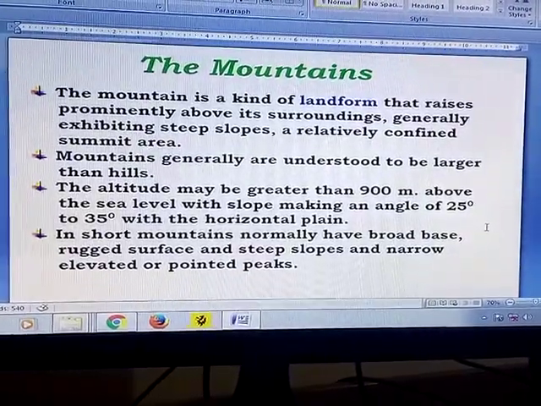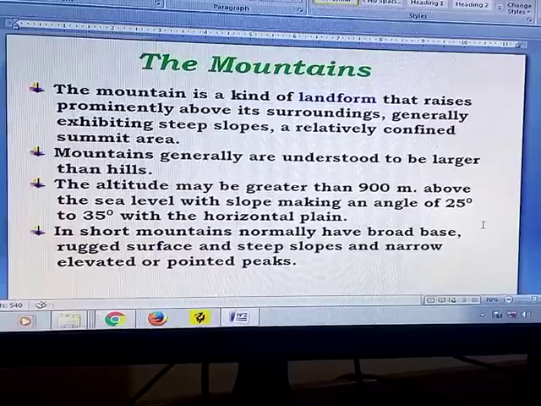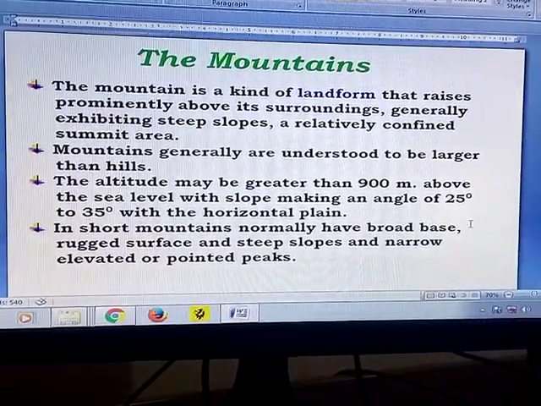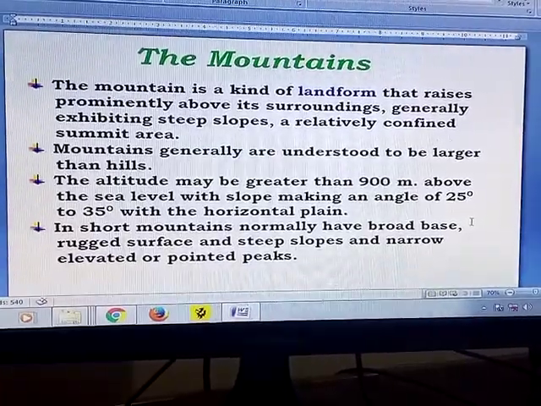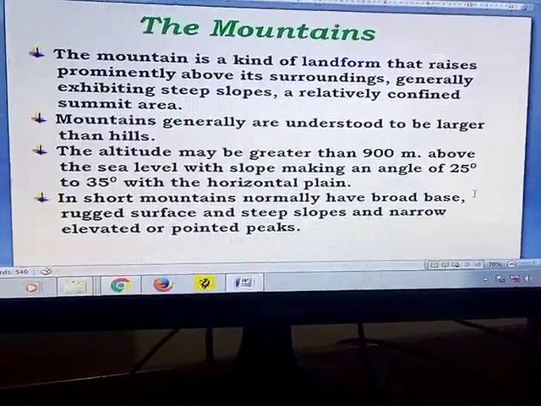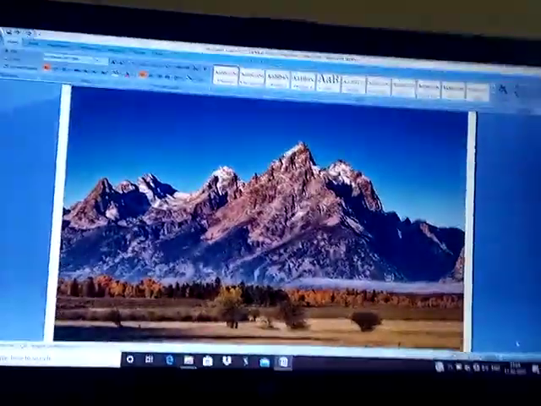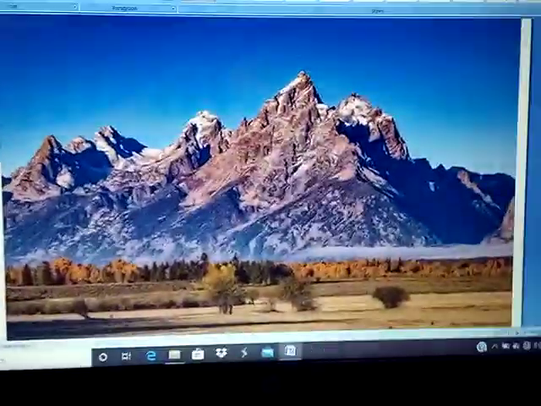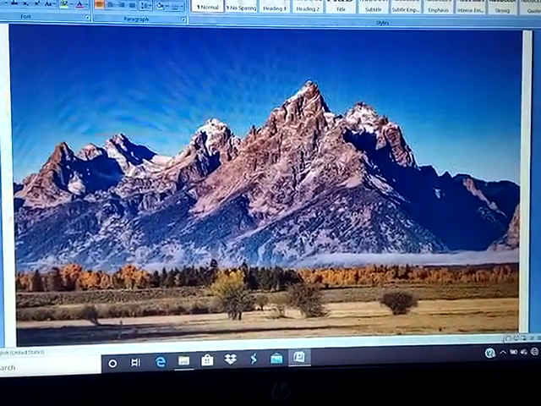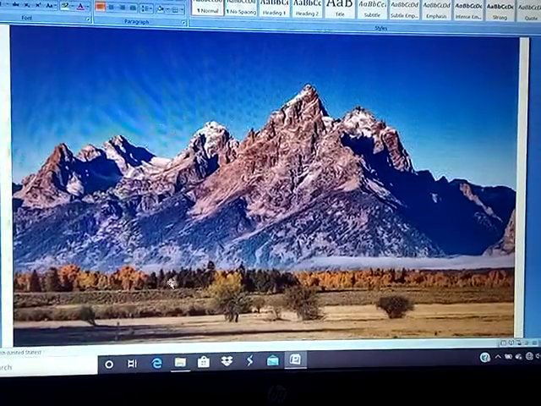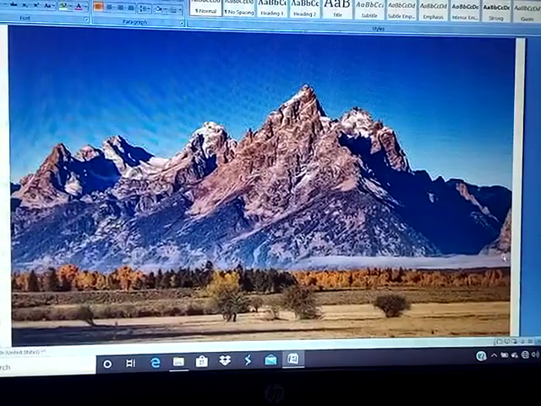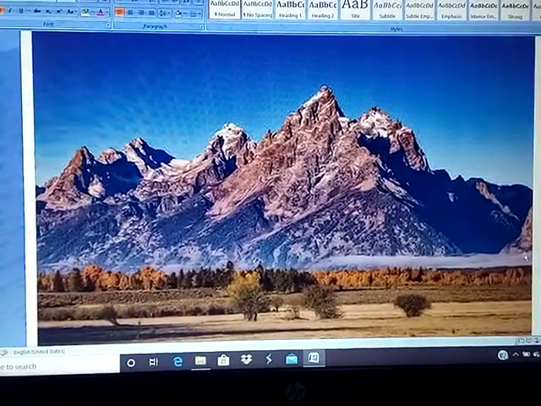In short, mountains normally have a broad base, rugged surface. Rugged surface means not at all smooth, and steep slopes and narrow elevated or pointed peaks. Take a concrete example of a mountain. In short, we said it should normally have a broad base. Can you see the broad base? The base is very broad, wide, and then a rugged surface.